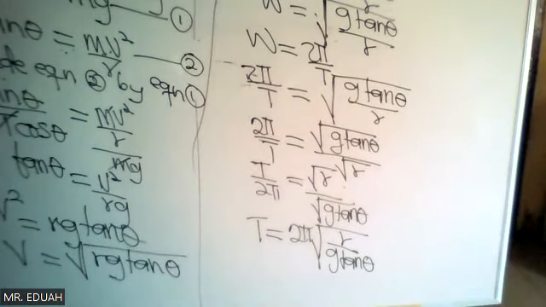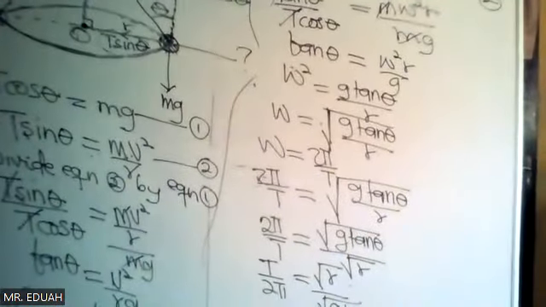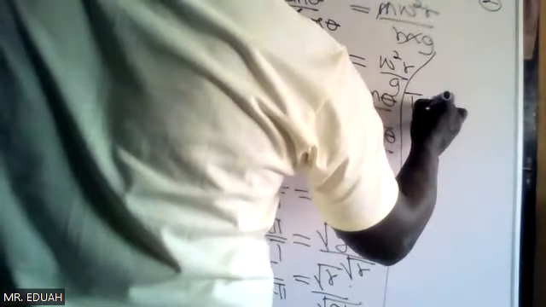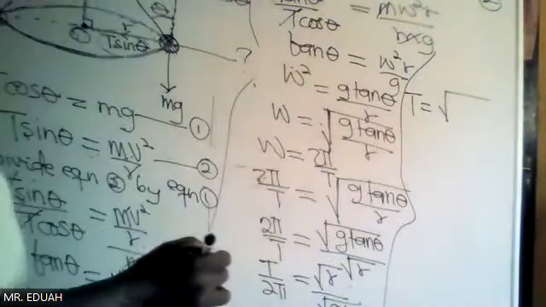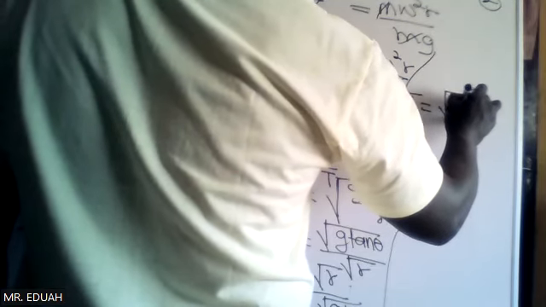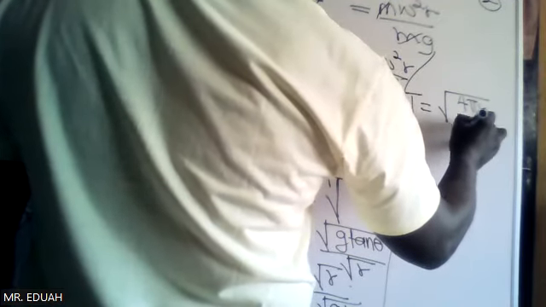Yes, please. Who had a different thing? Mami Jan, what did you get? T is equal to the square root of 4 pi R on g times theta.